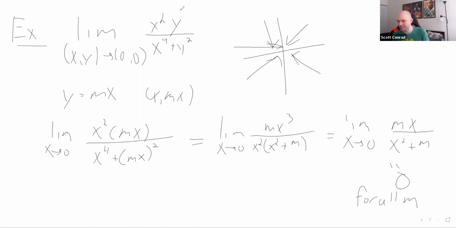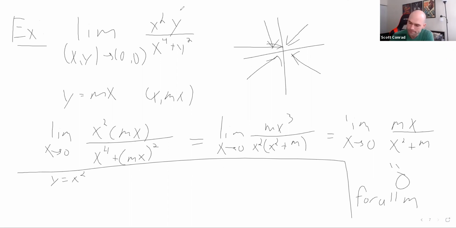Well, unfortunately, straight lines are not the only way to approach the origin. What if we approach along y equals x squared instead? So we approach the origin along a parabolic path, like this.